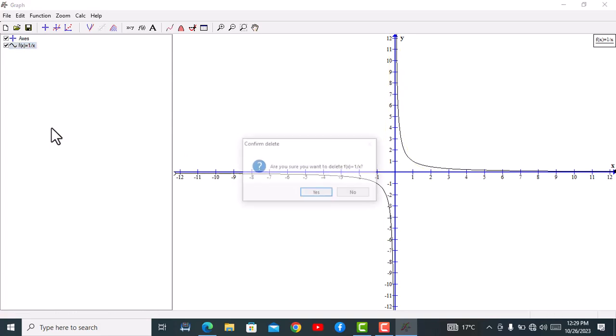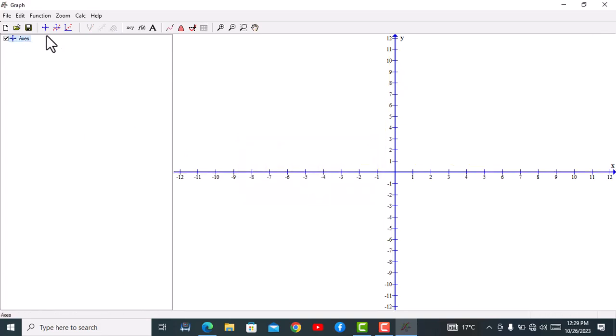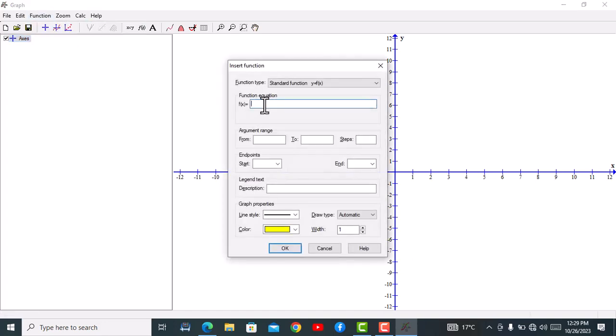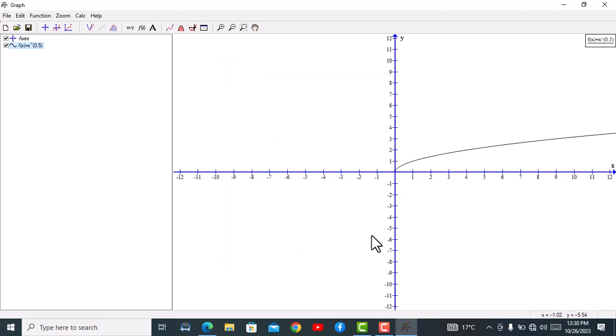So let's have a function y = the square root of x, which I can write as x to the exponent of, in brackets, 1/2, which is the same as 0.5. And let me use a black color and let's draw that.